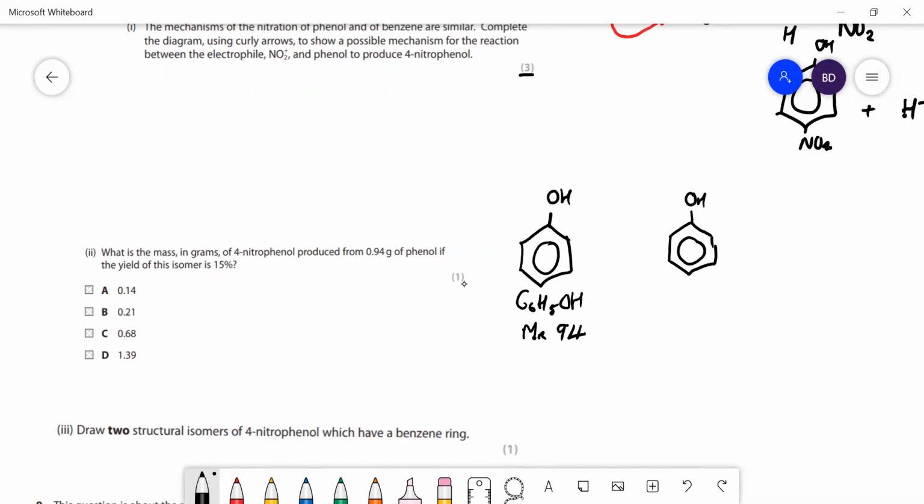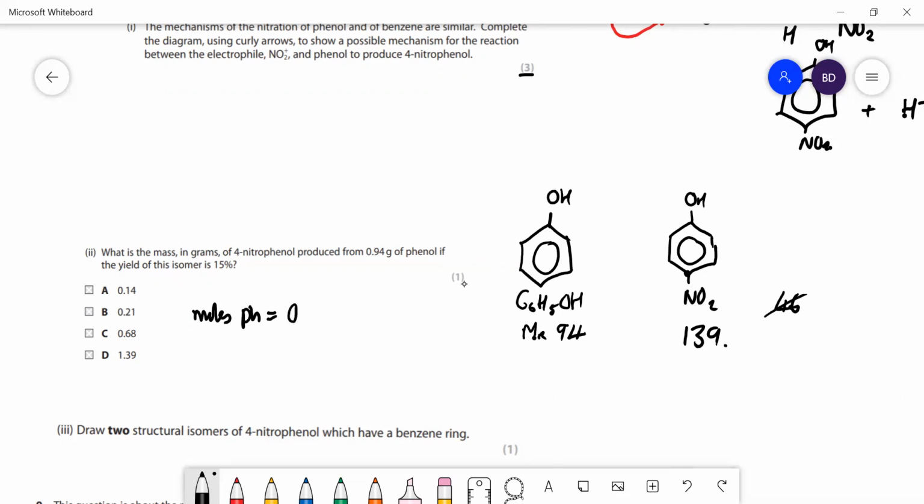Right, so what we've done, we have got an extra NO2, so that weighs 14 plus 32, that weighs 46, but then we've lost the hydrogen from there, so we add an extra 45 to 95, which gives us 139 as the MR.